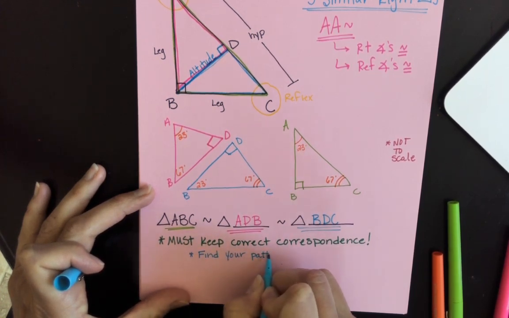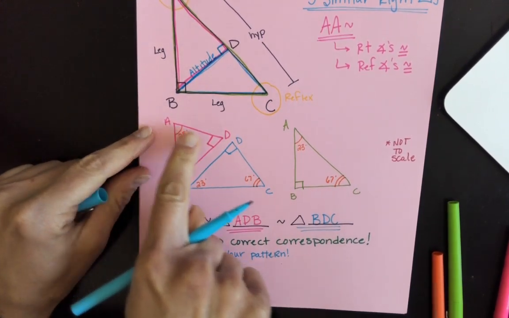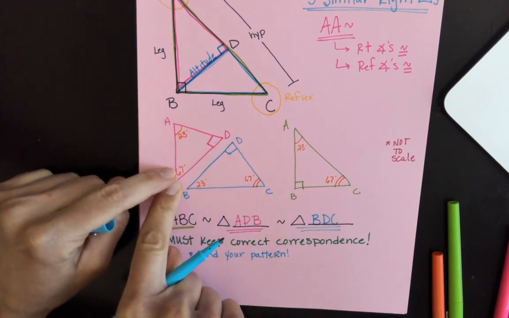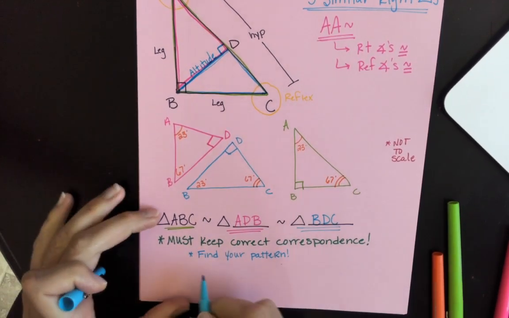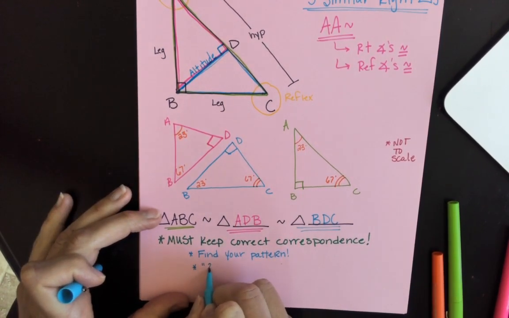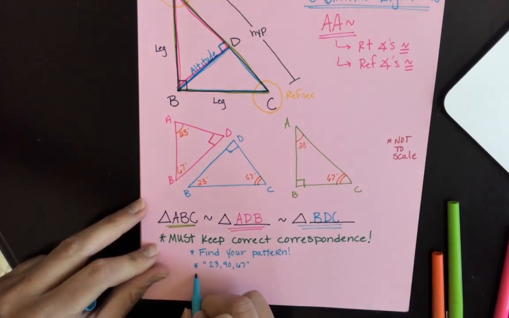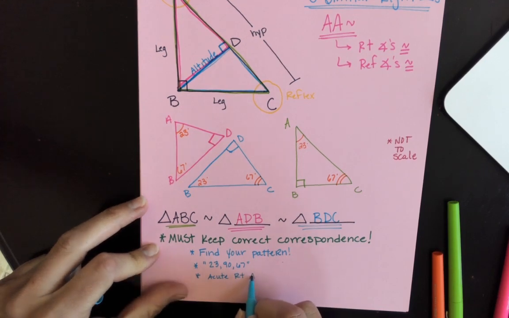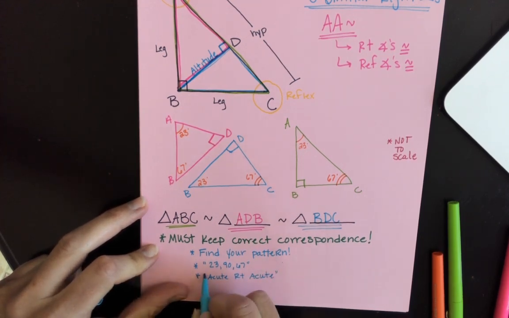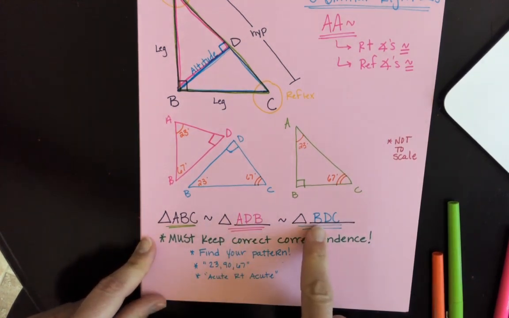Either find it with your tick marks, where I could have said 1, right, or 2, because that's what we had for that 67, but find your pattern. And that's why I'm going to put down here 23, 90, 67, or acute, right, acute. Whatever your pattern is, find that pattern so you make sure those letters are in the correct position.